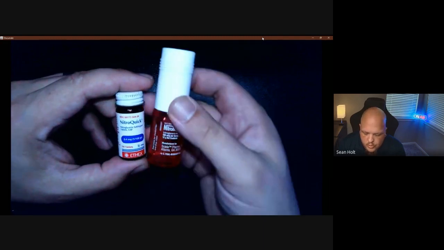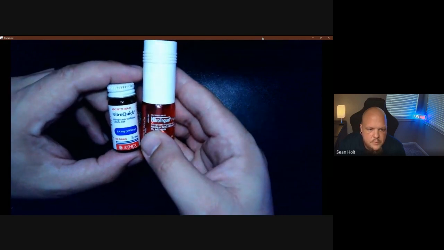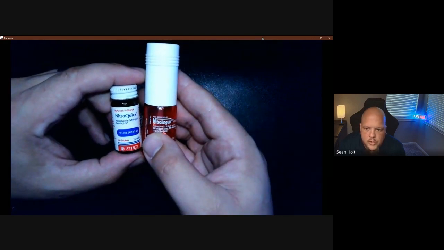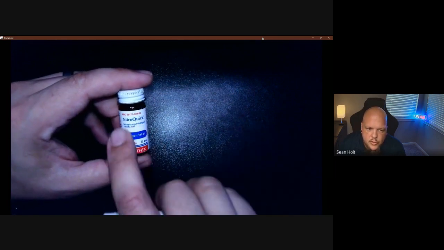All right. So 400 micrograms is the same as 0.4 milligrams. You just move the decimal 3 places. Okay. So 400 micrograms or 0.4 milligrams, this is the one I want you to remember, because if you can remember 0.4, you will know the single dose amount of nitroglycerin.